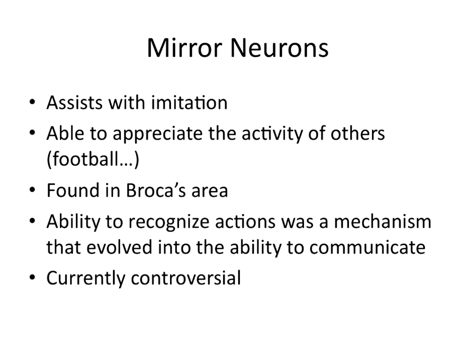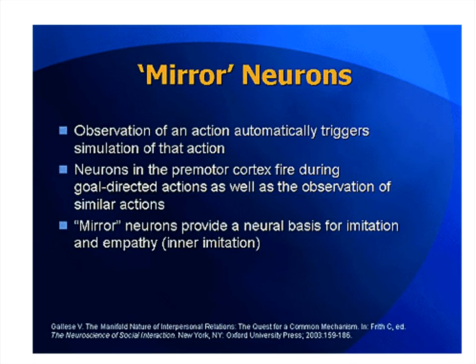Now, this is a controversial theory, but it's a very interesting theory, and it is in your textbook, so I have to bring it up. Mirror neurons: observation of an action automatically triggers simulation of that action. So they think that's how babies learn. They learn smiling, they learn a lot of different things from the adults.